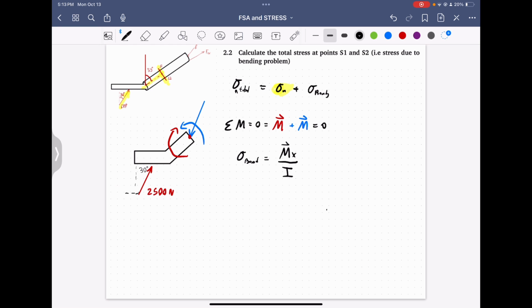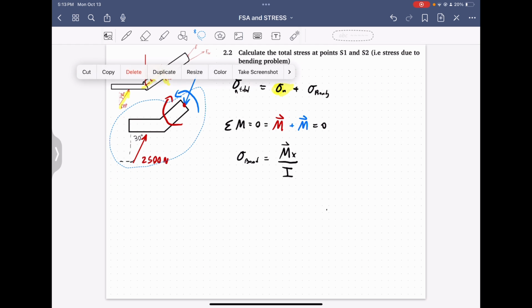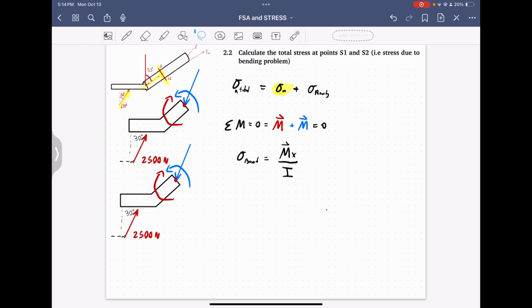What do we first need to do? We can drag this here. We can do our moment equation. With our moment equation, we are talking about moments, because we need a moment, x and I, right?